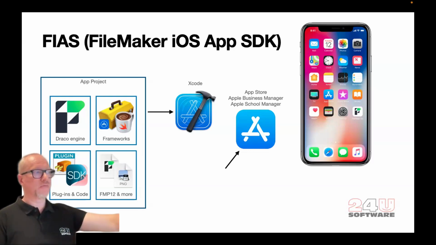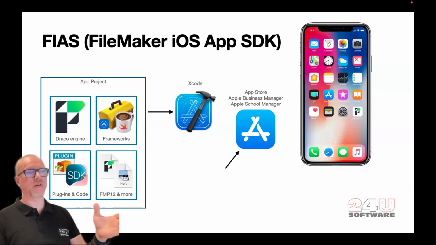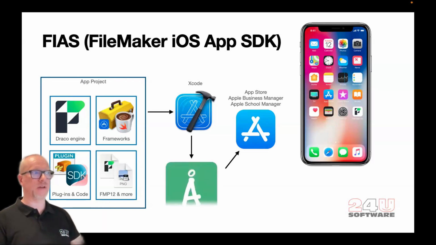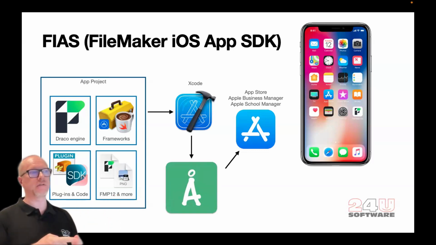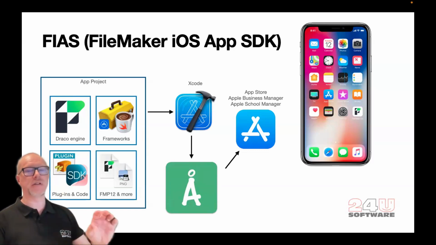So when you have all this complete in the SDK, you would again use Xcode, which is Apple's developer tool, and that will build your own app. So not FileMaker Go, but your custom app. It has the name you gave it, it will have the icon you give it, and you will then be able to publish it on the App Store under your name with your identifier.